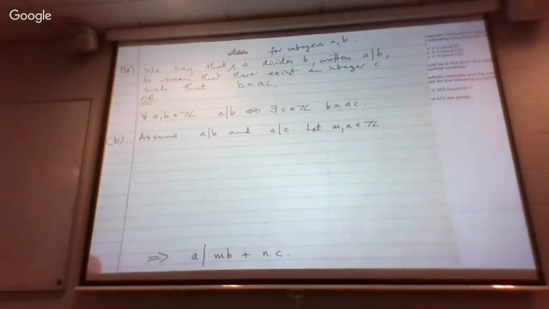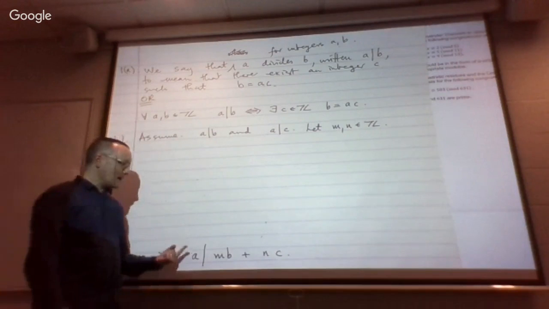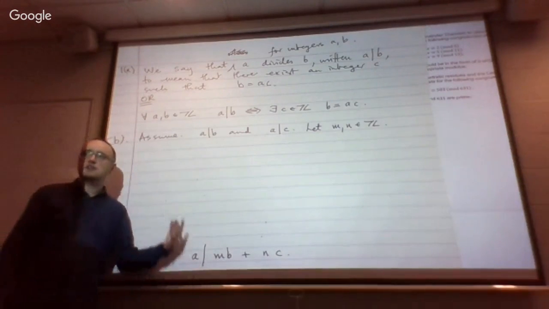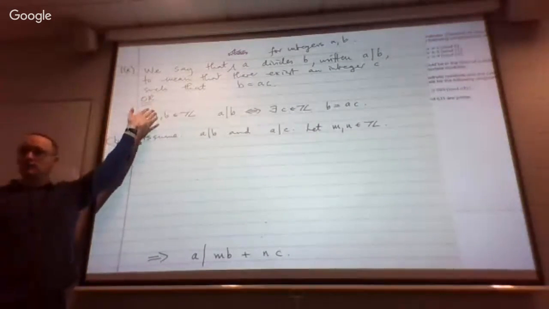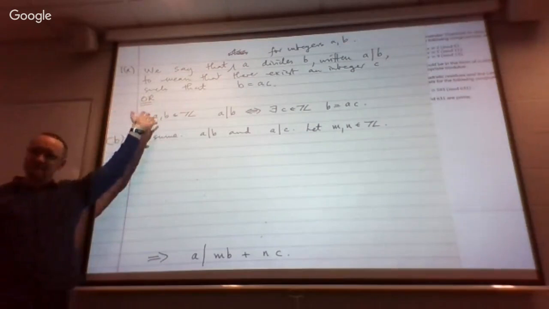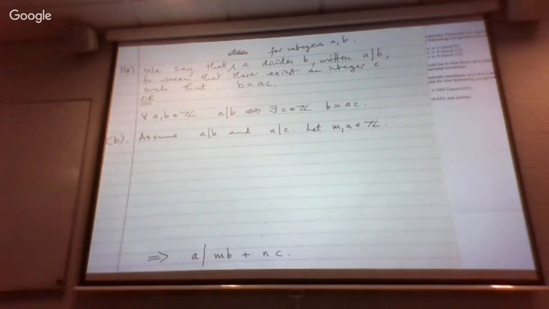M and N are two integers, as the question says. So you've got to go from these assumptions down to that conclusion. Sometimes it's quicker to step backwards. How could you ever reach this conclusion? Especially since this question is asked straight after one where we've been asked to give the definition of this relation, we can roll that back immediately.